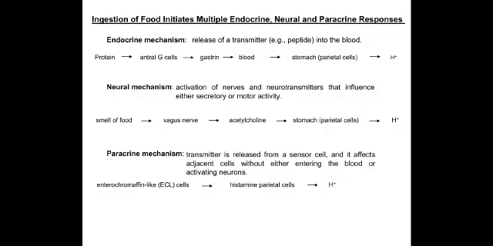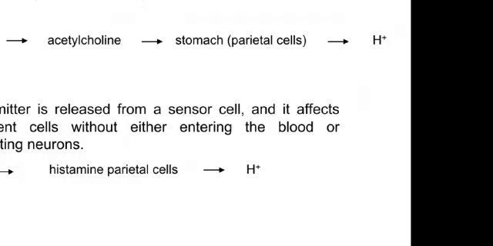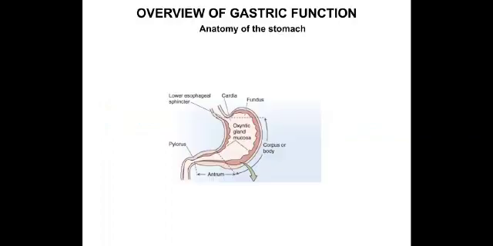So acid production is more released due to this mechanism during stress. These responses never occur in isolation; rather they are part of an integrated response, that is the neural, the chemical, and the paracrine.